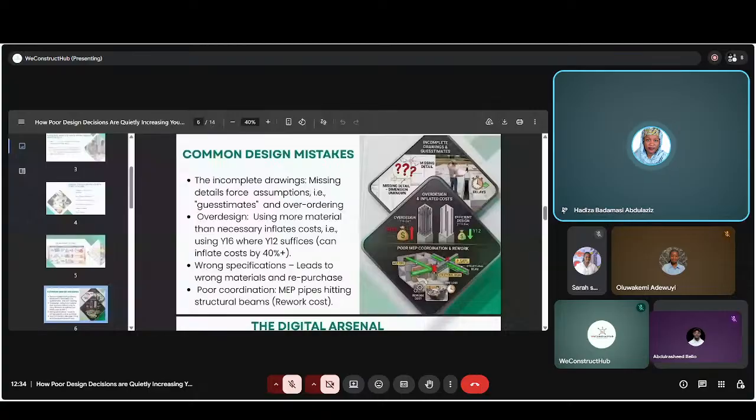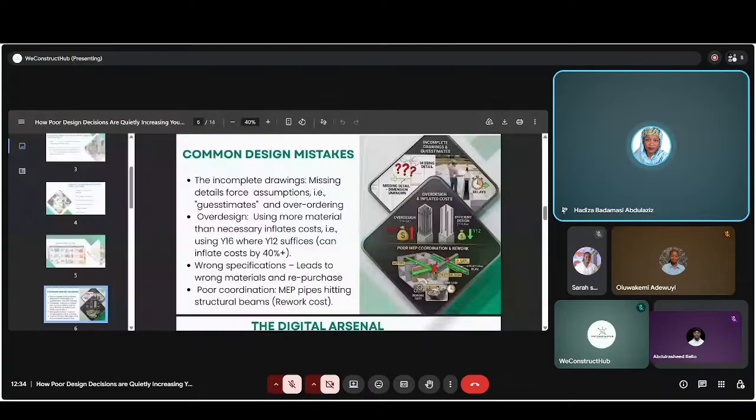So sometimes we design beyond what is actually required, as I've said before. When you want to design, you should make sure that you are designing something that is workable in your environment. And there's one thing that I always say, that architects are always the procurement manager. They are trained to be procurement managers, whether you are called a procurement manager or not.